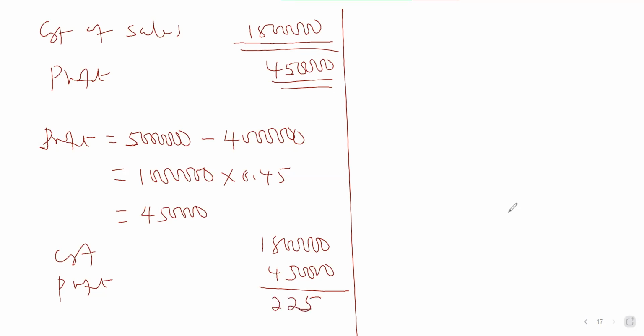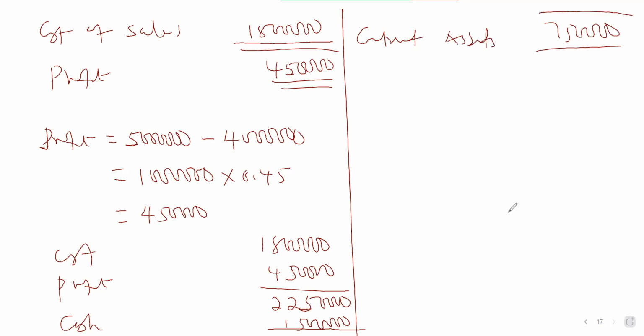But how much did they pay? How much did they receive? 1.5. So the cash that we receive from the people is 1.5. How much is remaining? The difference is 750. So the 750 is what we call the contract assets.